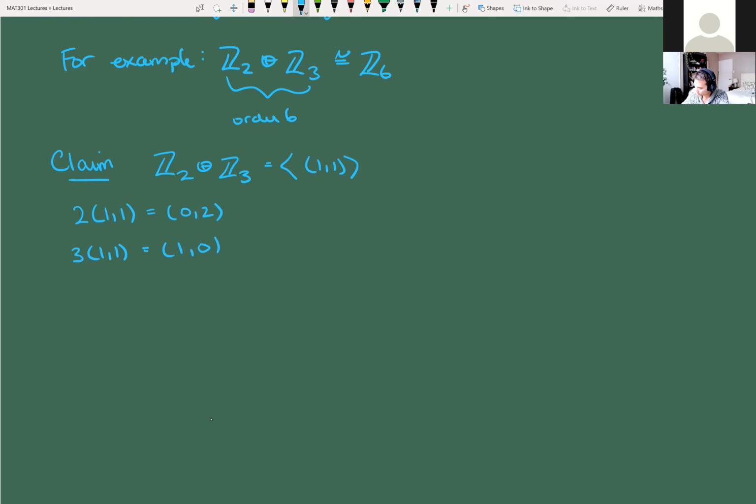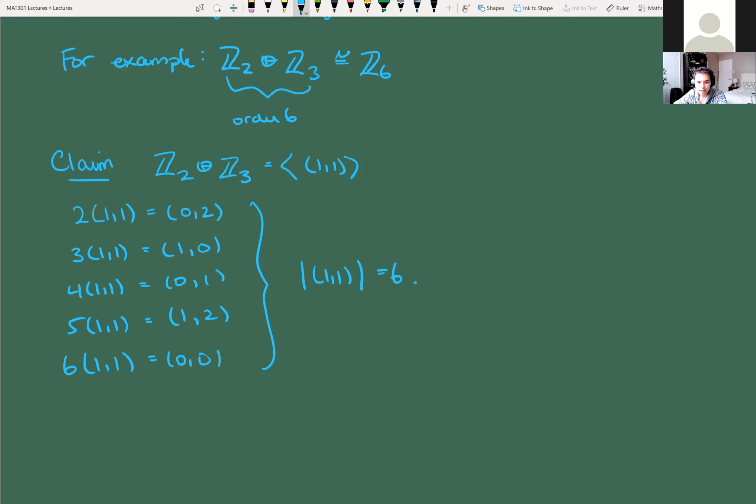And look at what happens. 4 times (1,1) is (0,1). 5 times (1,1) is equal to (1,2). And then 6 times (1,1) is in fact (0,0), right? So this shows that the order of (1,1) is equal to 6.